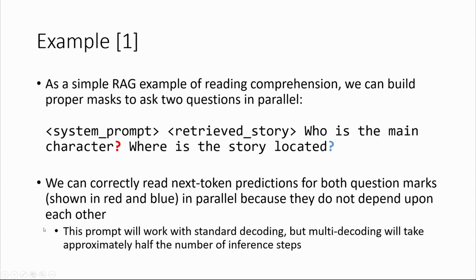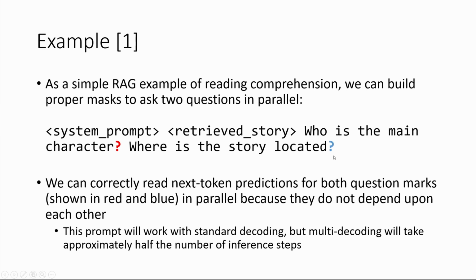So let me walk you through an example. This is a simplified fictitious example. Let's say you're doing a RAG example and you have a story and we want to ask some reading comprehension questions. So we might have in a typical setup a system prompt, a chunk of data, which is our retrieved story, and then our questions, like, who is the main character?